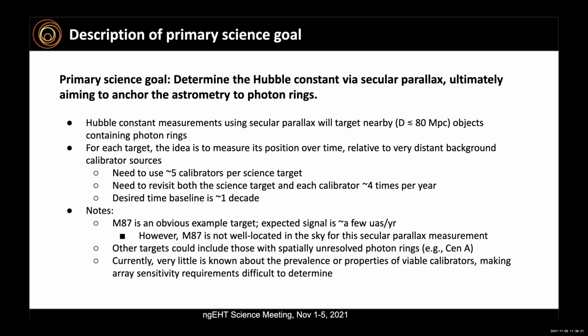We didn't really know what calibrators were nearby, so that's something we'll have to study or propose to survey in the meantime. But we're also considering other samples, for example the ones that Neil presented, or things we know about, like Sene, which is closer. Maybe we can't exactly see the photon ring, but we can still see quite deep into the core of the source.